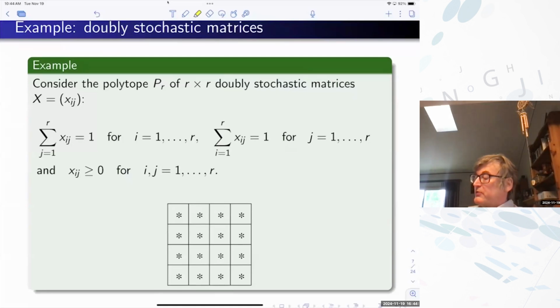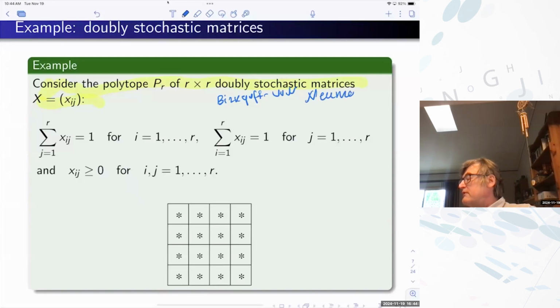So okay, that's not exactly very exciting, to get an approximate formula for the volume of the simplex. And here's the polytope that Anatoly Vershik really liked, the polytope of doubly stochastic matrices. That's also known as the Birkhoff-von Neumann polytope, although the papers appear within 10 years of each other.